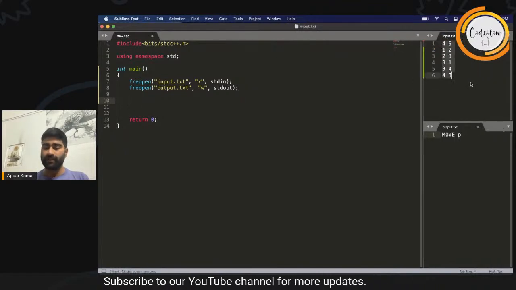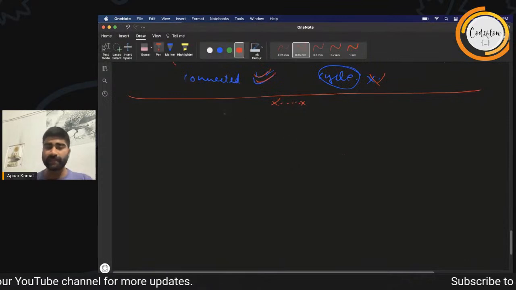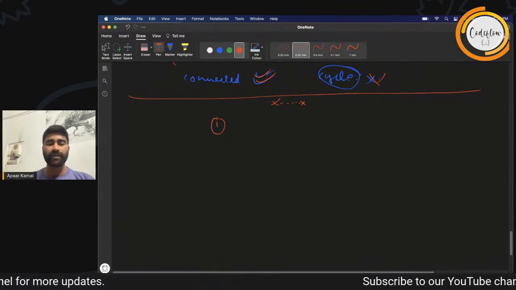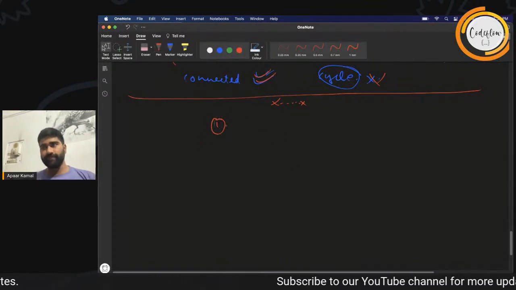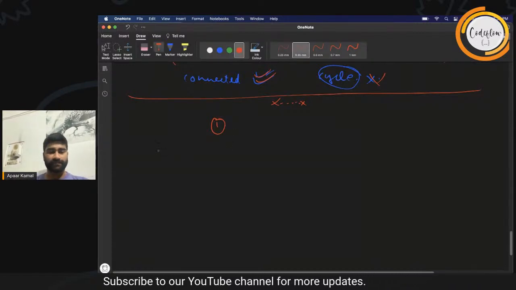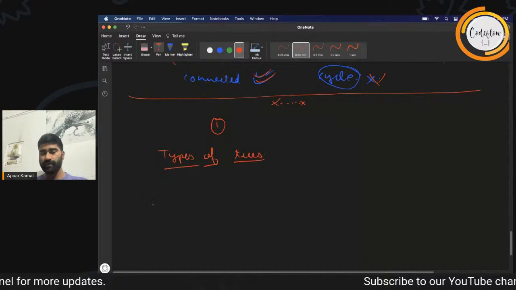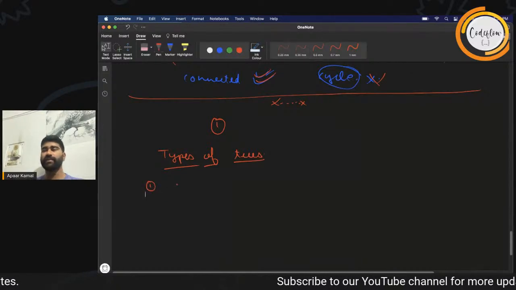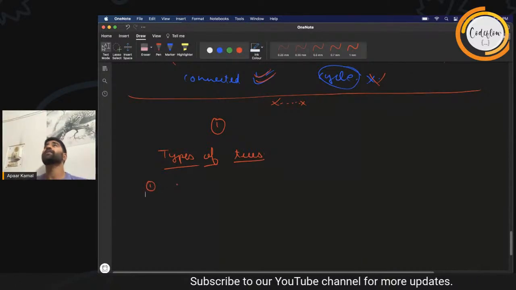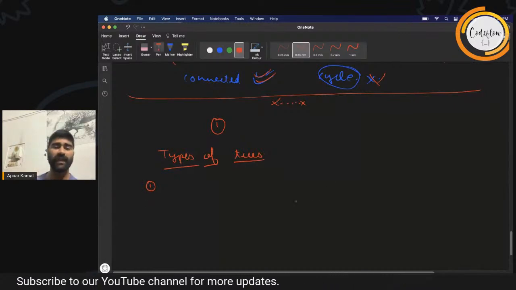Cool. So let me erase this. Right. So first of all, let's make a simple tree. Now guys, let me deviate a little and tell you some types of trees. We have already understood the different types of trees on the basis of their edge directions.